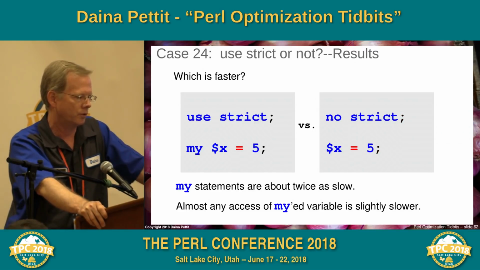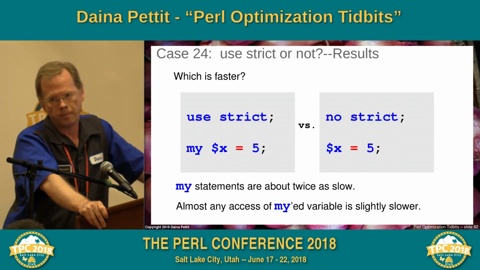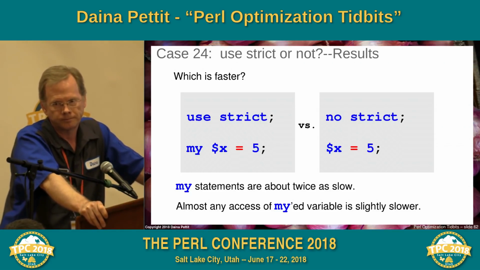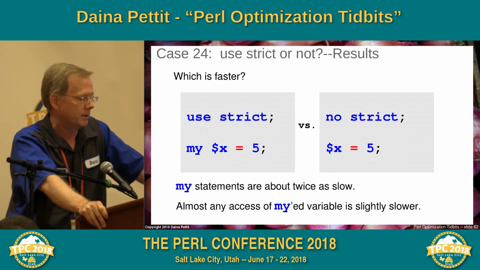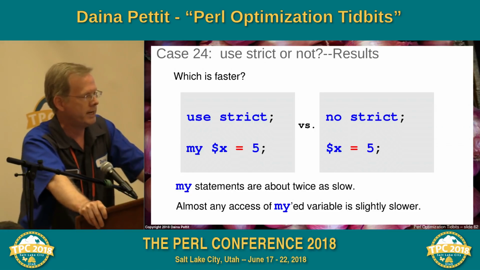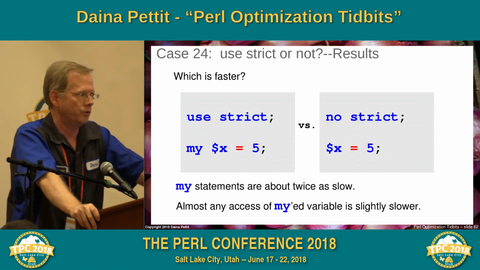So if you don't use strict and you don't use my, it'll actually be faster, and it's about twice as slow otherwise. So there could be a good reason to not actually use strict if you really need to squeeze out some performance here. What was interesting is that almost any access of a my variable was slower than accessing one that was not.